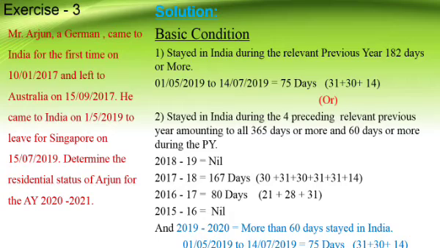Then Arjun came to India for the first time on 10th January 2017. So in the month of January, 10 days have passed and after that he came. So 31 days minus 10 days, the remaining is 21 days. So January is 21 days, February is 28 days, then March is 31 days, which equals 80 days he has stayed in India.